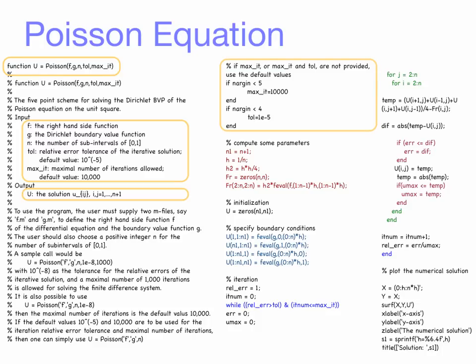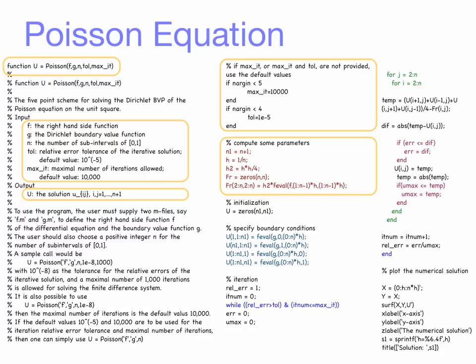So here's that first check where we are checking whether the user supplied the tolerance value and the maximum number of iterations. If the user didn't supply those, default values are adopted. Then the discretization takes place. Given the number of subintervals, we calculate h, the separation between grid points along x and y directions.